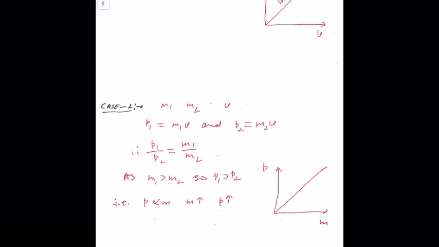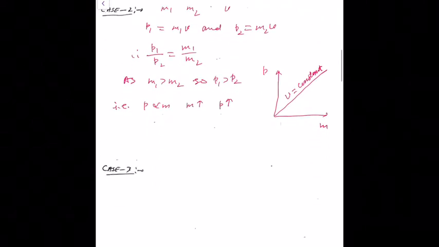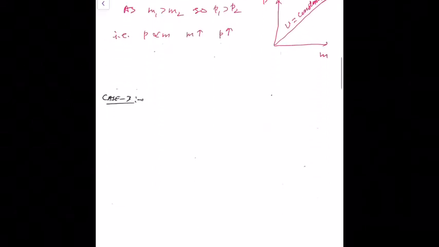Graphically, we can represent here on the x-axis m, on the y-axis p, it is also a straight line. Here v is equal to constant. Case second clear. Next case third.